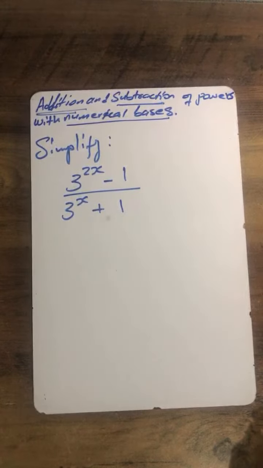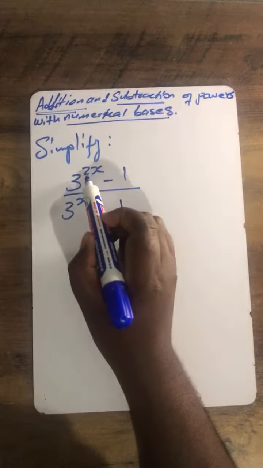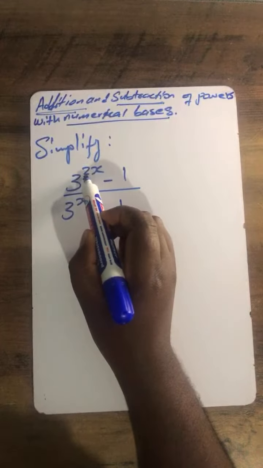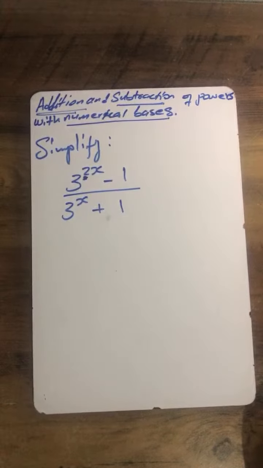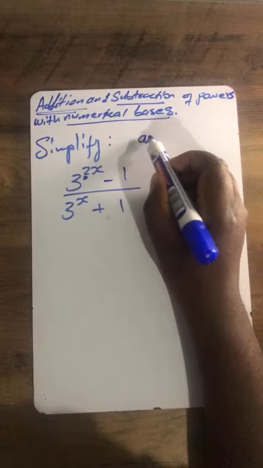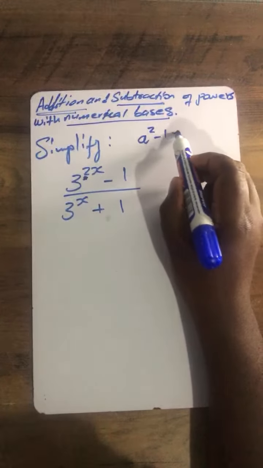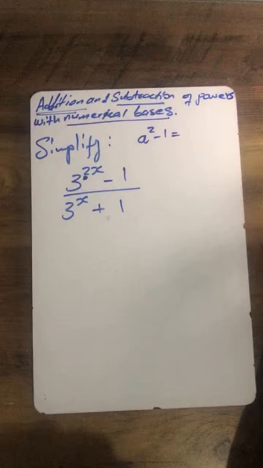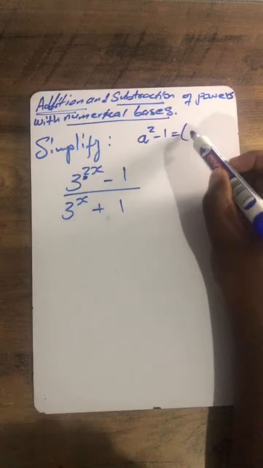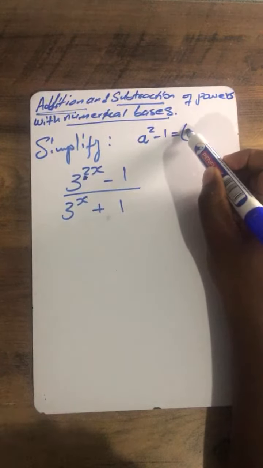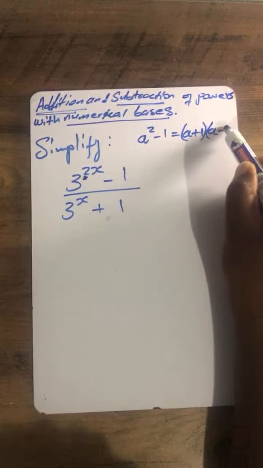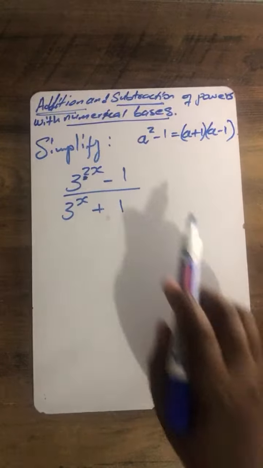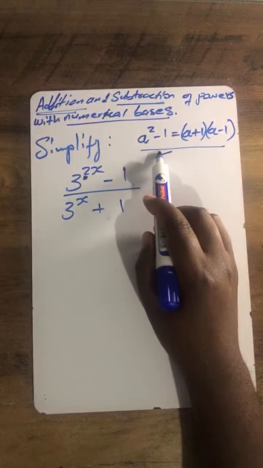The best thing to do with this one, honorable members, is that this 2 tells you more. Remember that if you have a squared minus 1, this thing can be factorized and written as a plus 1 and then a minus 1. Let's try to apply this principle there.